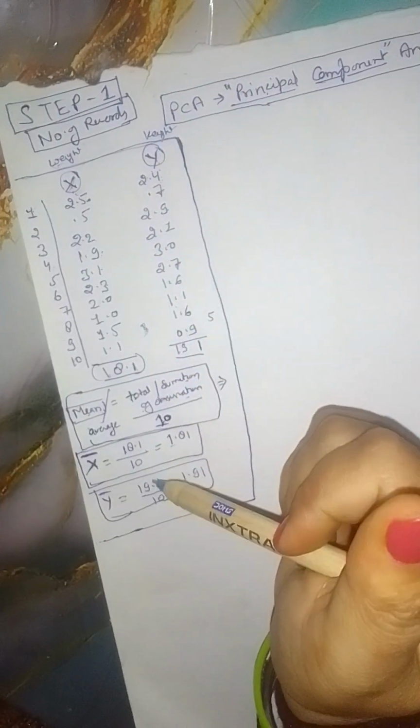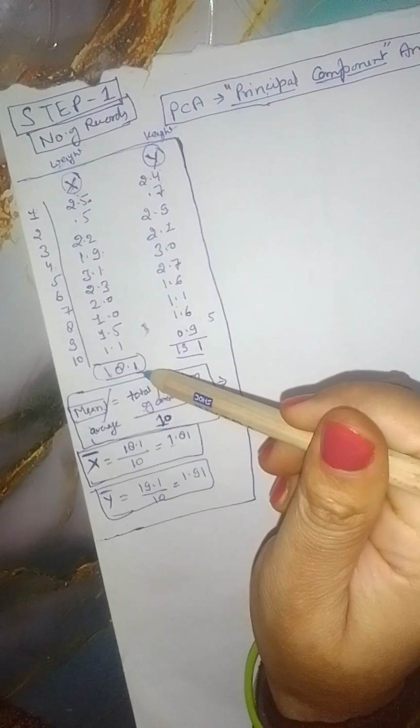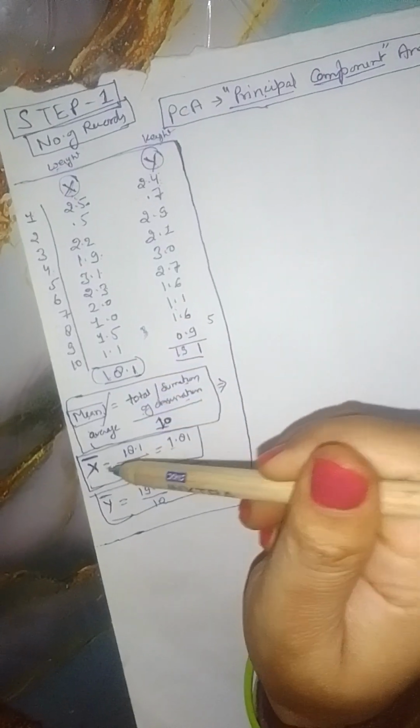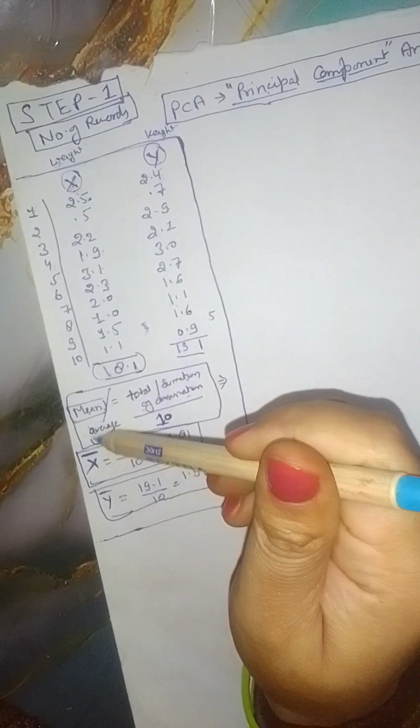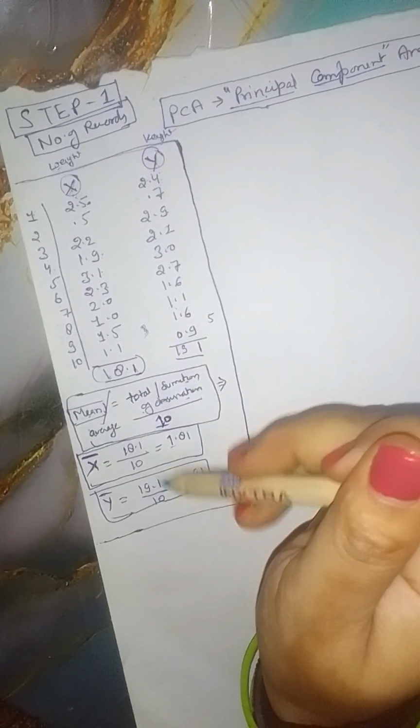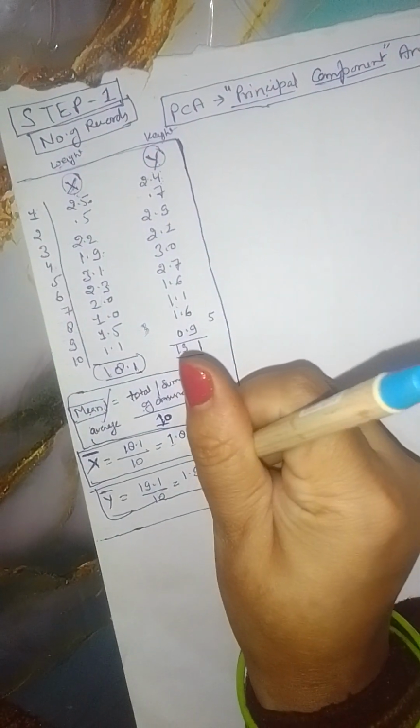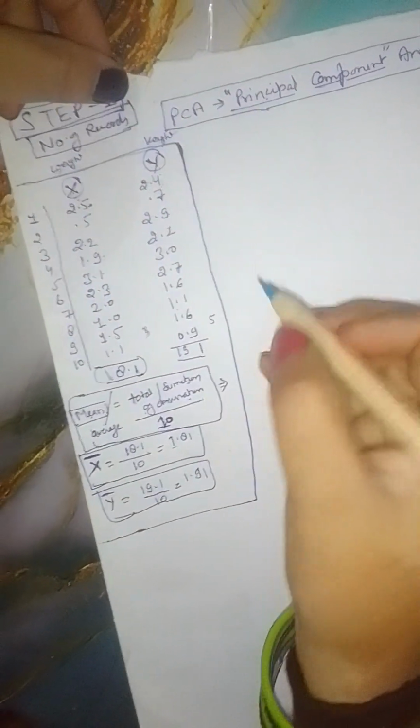The first step is the number of records; we have added them, and after addition we have calculated the mean or average by dividing by 10. So this would be step 1.